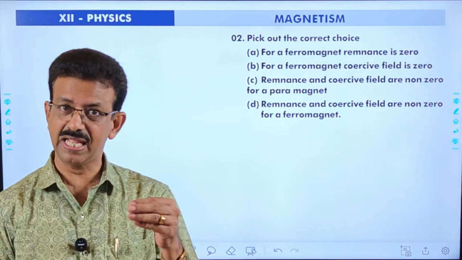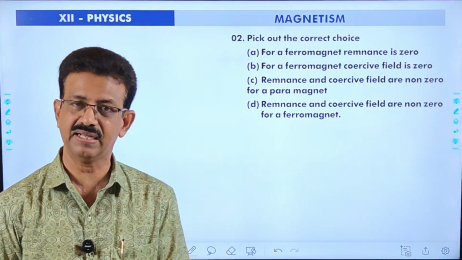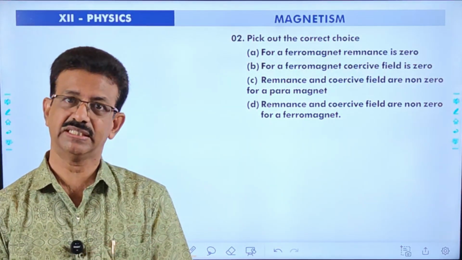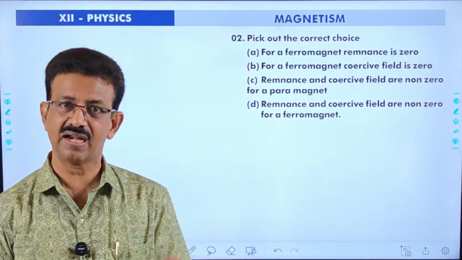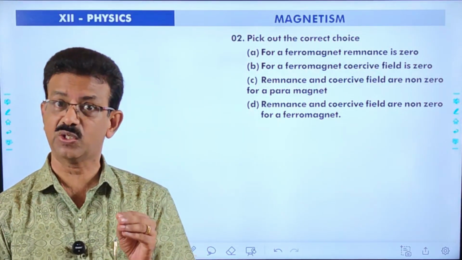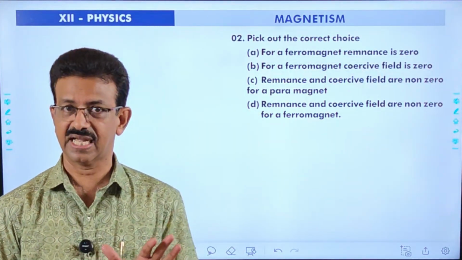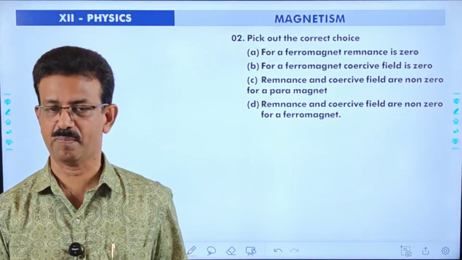These are the differences in the basic property.